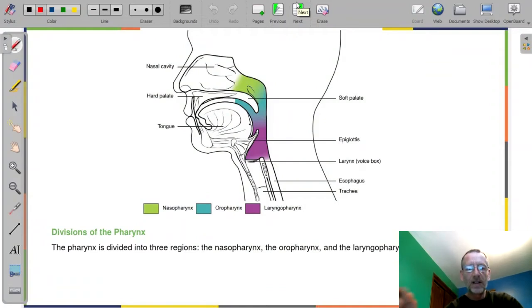For basic anatomy, this slide, out of your textbook, shows the 3 divisions of the pharynx, which is the common pathway for air, food, and water.